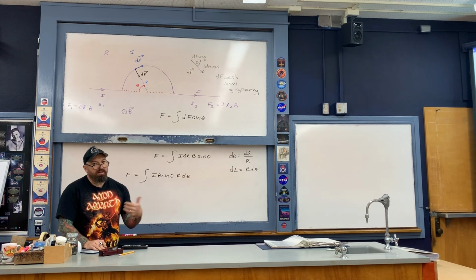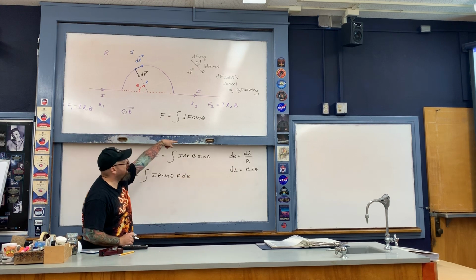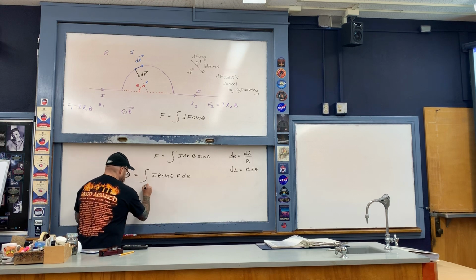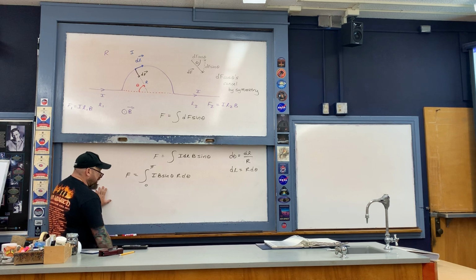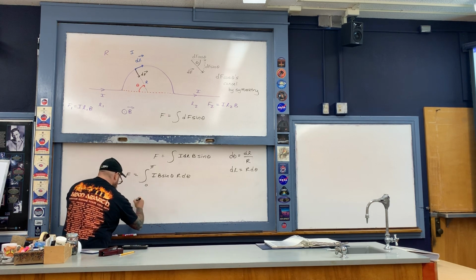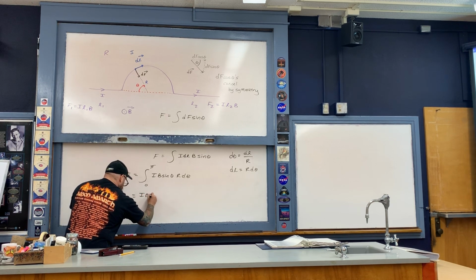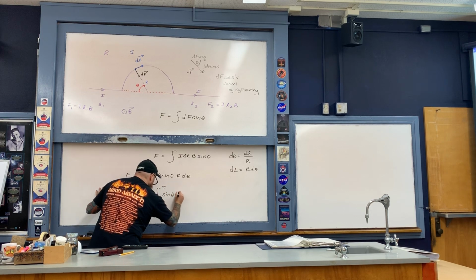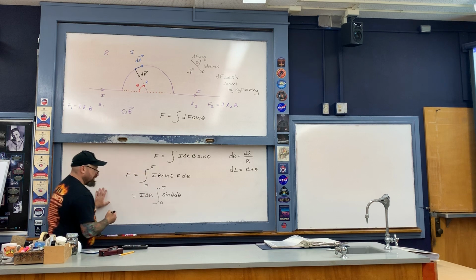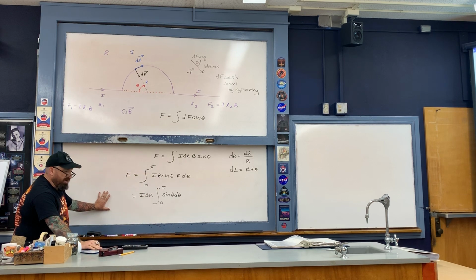And now I'm integrating over the angle from 0 to pi on the diagram. Like so. Okay, a couple of things here are constants, the I, the B, and the R. So let's go ahead and factor them out of the integral like this. Like so.